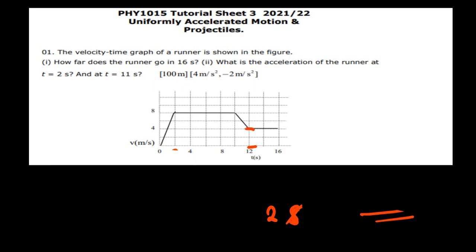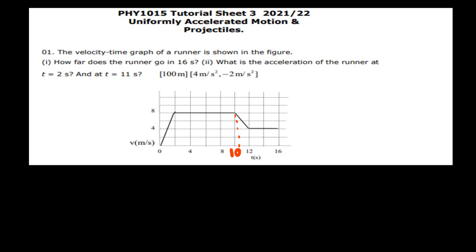and t at 11 seconds, t at 11 seconds, okay. So where is our 11 seconds? So if this is 8, this will be 10, right? So 11 might be somewhere there, very close to that point.